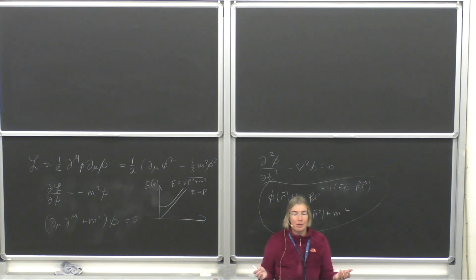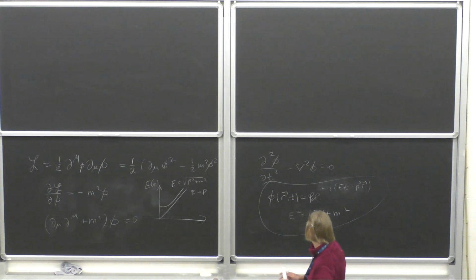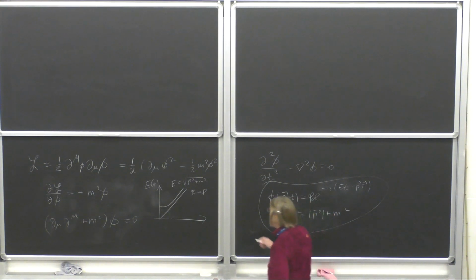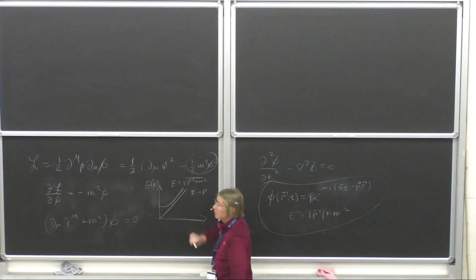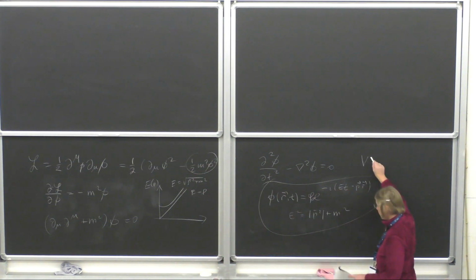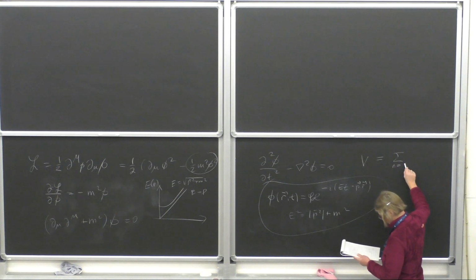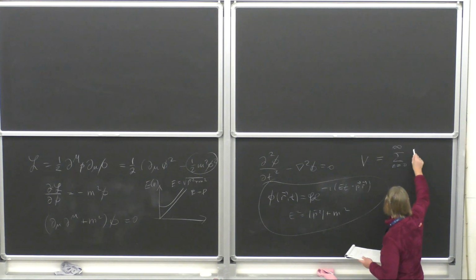Well, you can write more complicated potentials. So what's the simplest extension to this potential? Well, you have now this term phi squared, and the simplest thing you can add is a sum over n from 0 to infinity of Cn over n, phi to the n.